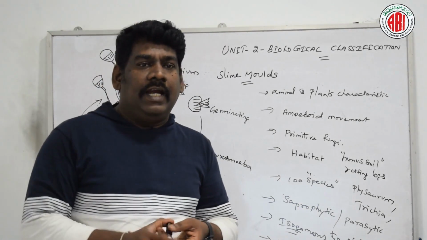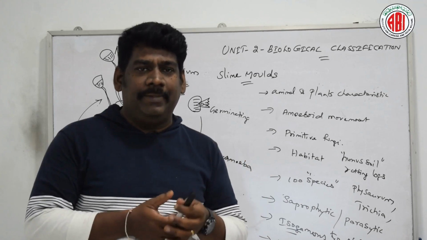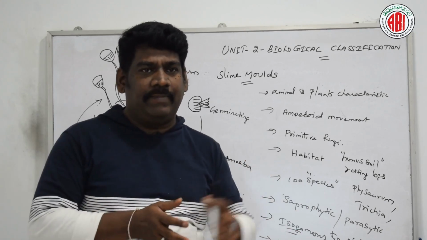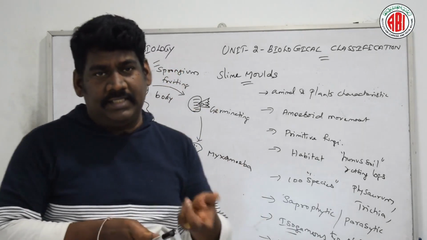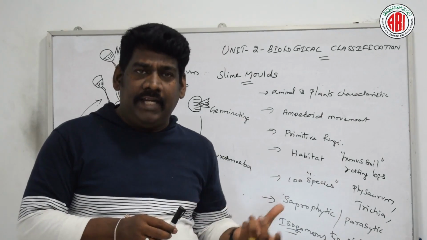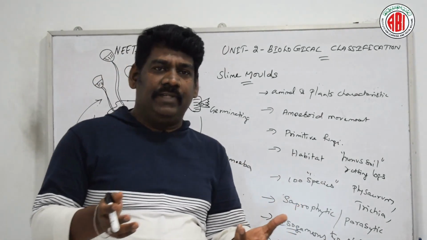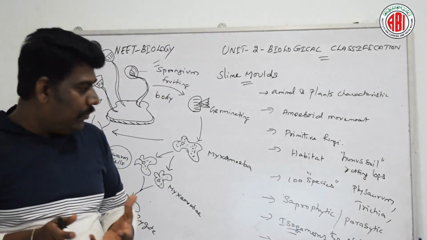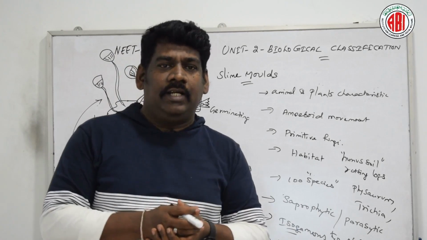The plasmodium may vary in size from microscopic to a few centimeters in diameter according to the species, and they do not possess a cell wall, so they do not have a definite shape. With the help of pseudopodia, the organism is involved in amoeboid movement.